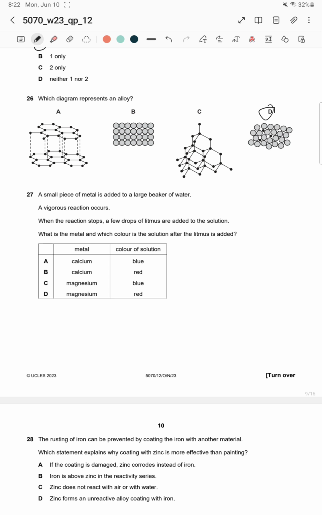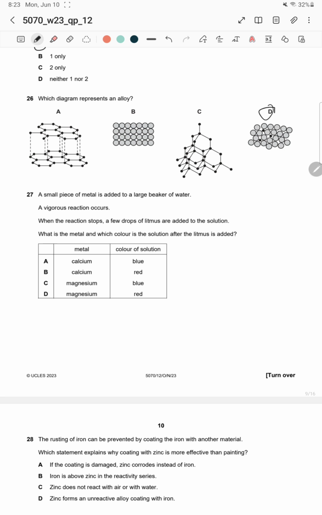When the reaction stops, a few drops of litmus are added to the solution. What is the metal and which color is the solution after the litmus is added? So a small piece of metal is added to a large beaker, a vigorous reaction occurs. So this can be true for both calcium and magnesium. They are reactive.